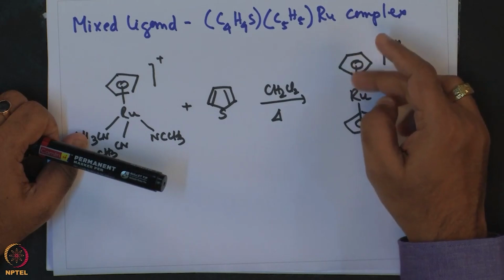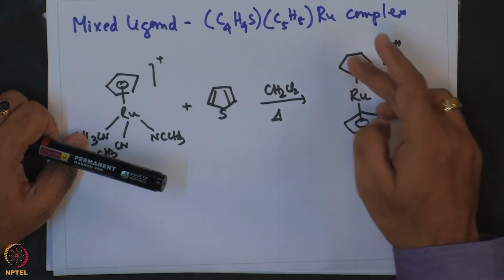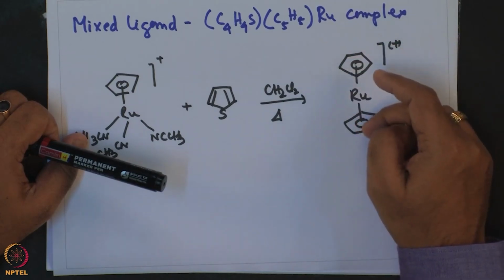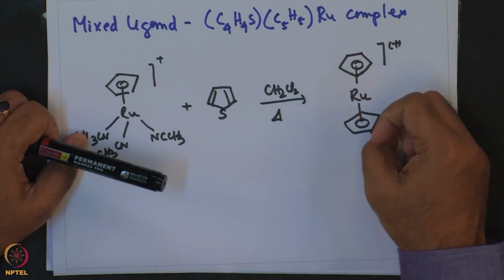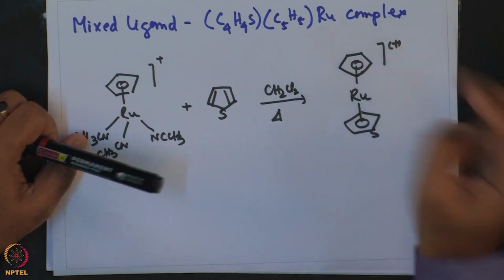So, this is more tightly bound, whereas this is relatively less tightly bound, and then this thiophene ligand is more labile than the Cp ligand in this complex.